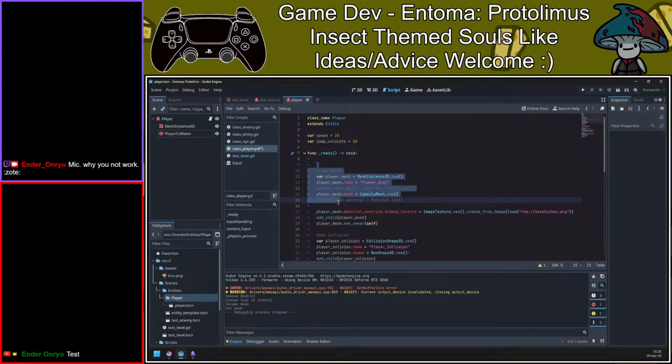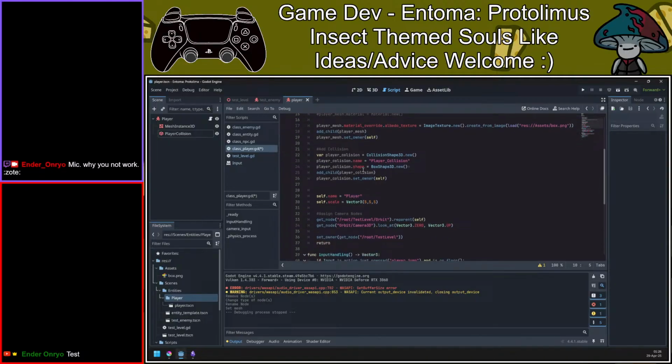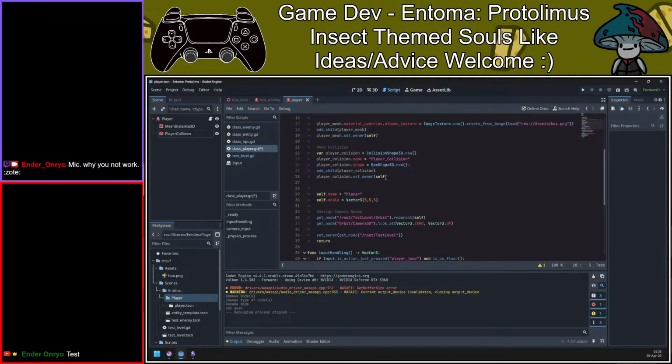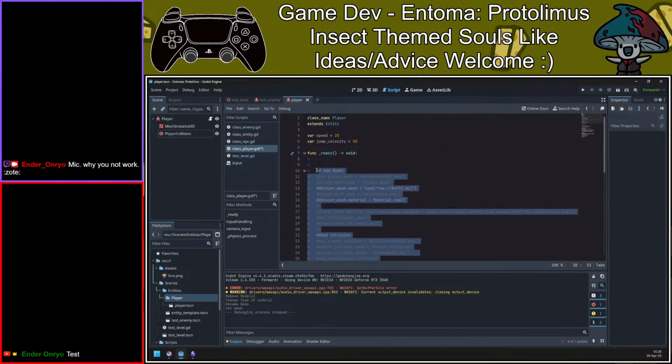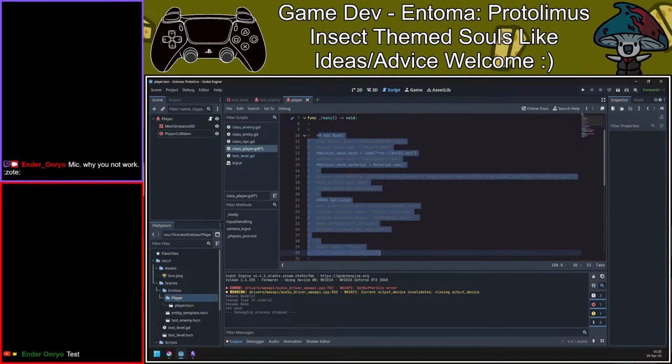Oh, is there no way to block comment? I mean, I guess you can press Control K to do that, but all that does is put a single hashtag in front of it, which does do the job.